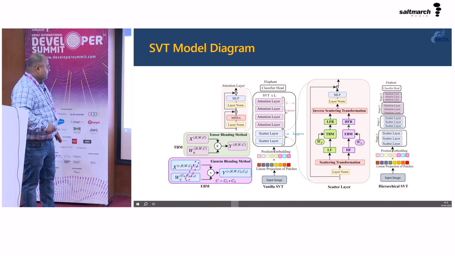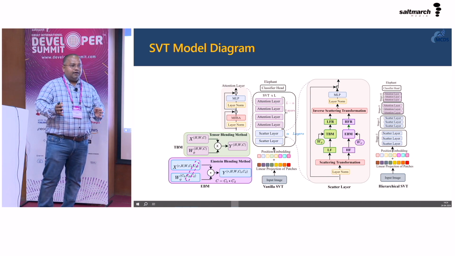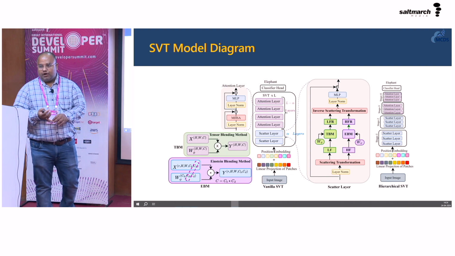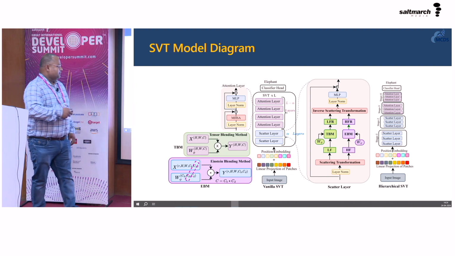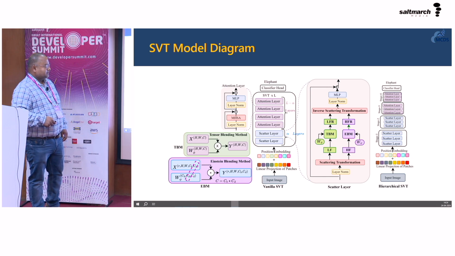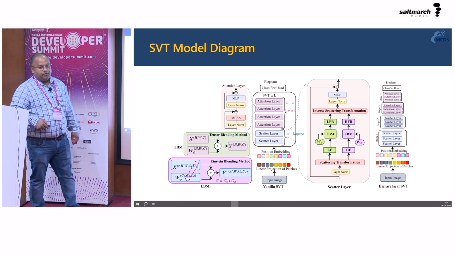Instead of that, the Einstein blending method is just CD plus CD. So it's a very small computational cost compared to the rest of the transformer. That's why we use the Einstein blending method for high frequency.